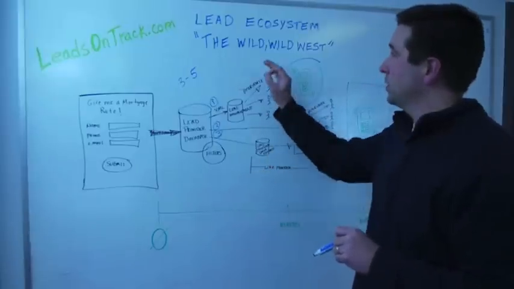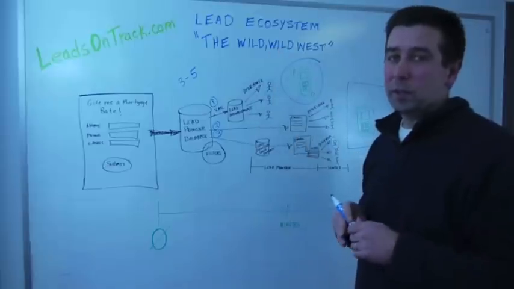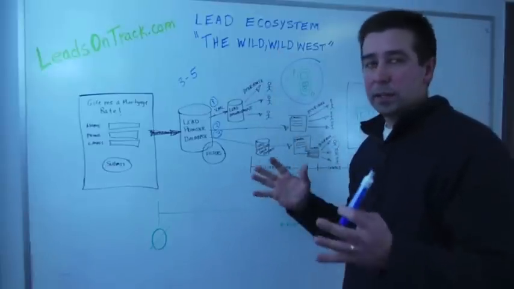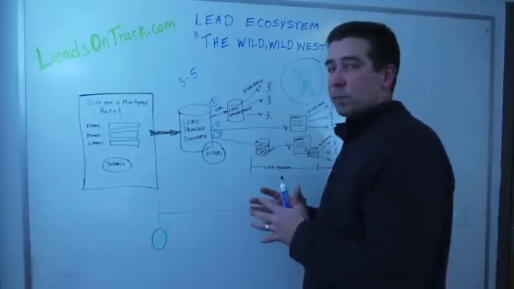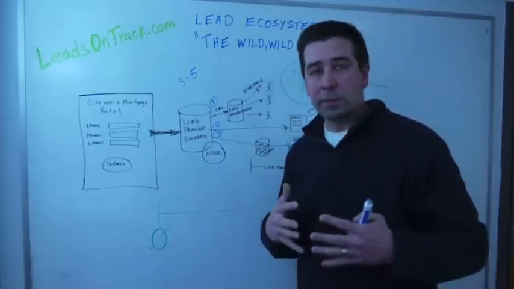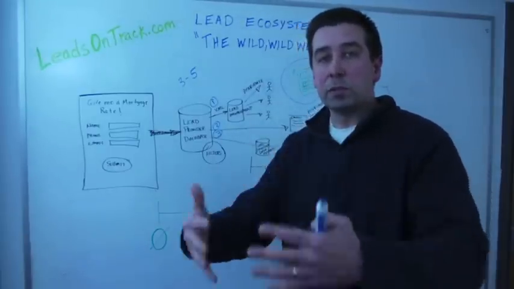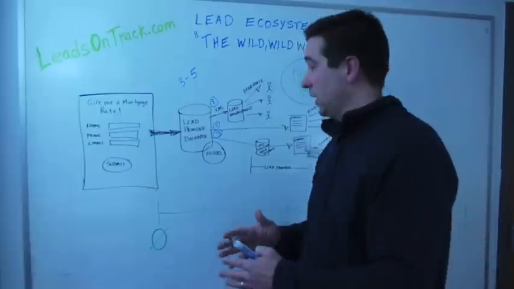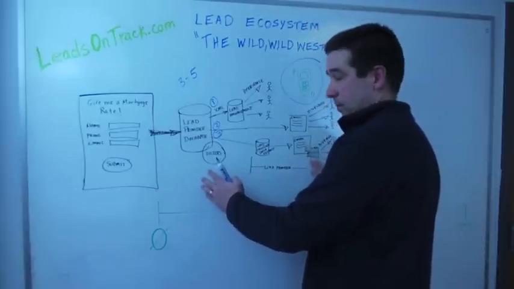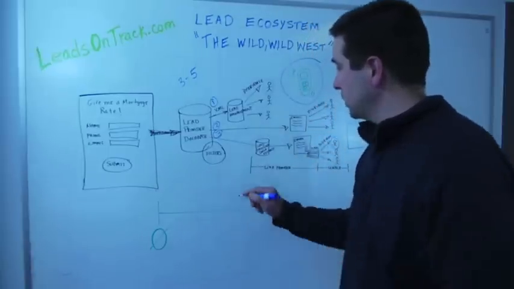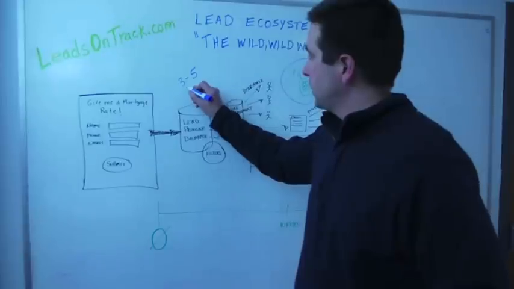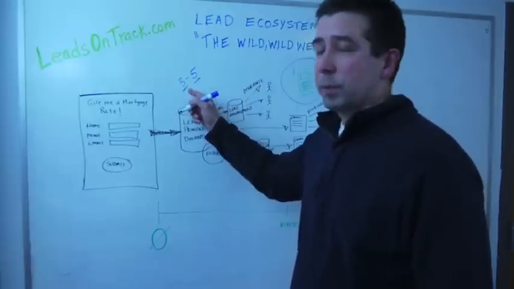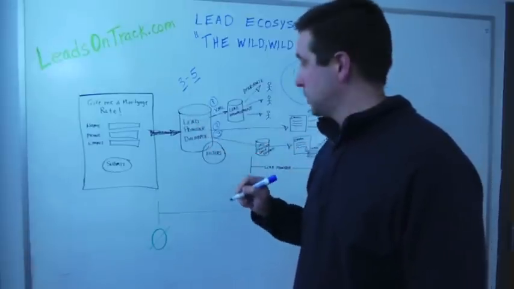But now let me get into the wild, wild west scenario, because there's a fourth scenario that can really impact your need for the ability to use a lead management software and to be able to constantly be keeping up and following up with your leads even after this immediate time period. So this fourth scenario is, remember I said that lead providers are providing these leads out to anywhere between 3 to 5 other lenders.